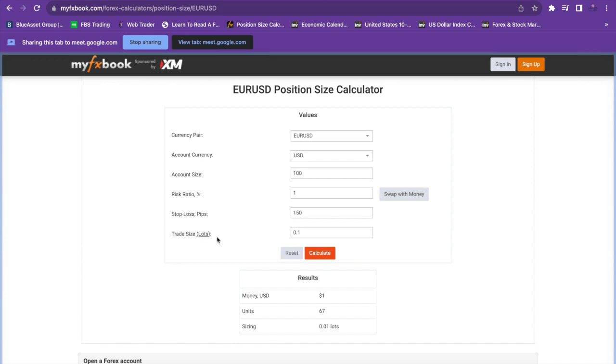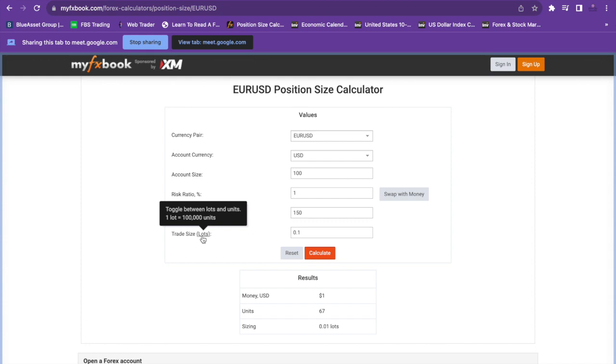So we as a cent account, that's why I get you guys onto a cent account, is because when you take a trade on $100, your trading size in lots is not that. For one lot, it equals $1. That's why I put you into a cent account.